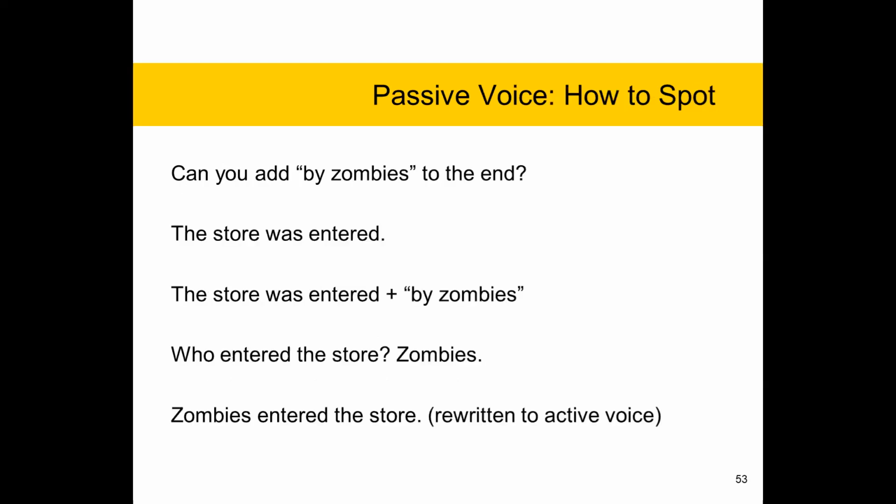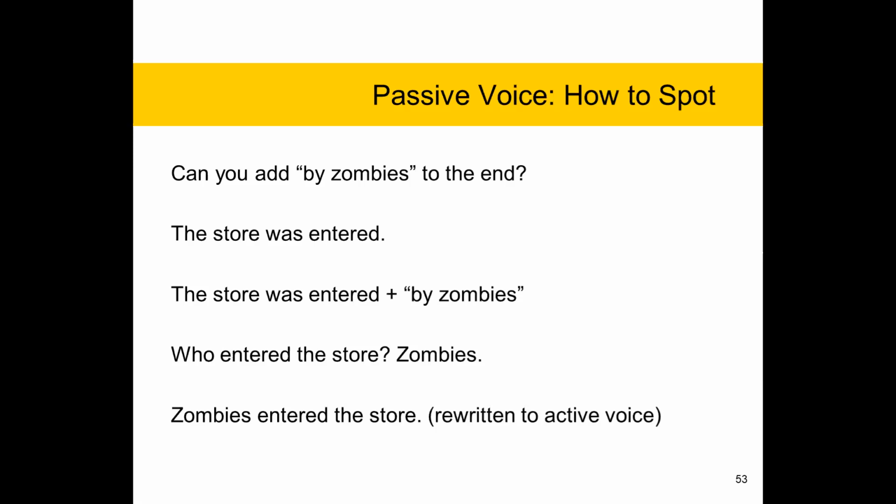So this is the sort of thing you have to look at for the examples. Another way, and this became much more popular, can you spot by zombies? For example, if you have "the store was entered," if you add "by zombies," who entered the store? Zombies. If you just say the store was entered, who did the entering? Somebody has to do something. You don't have a complete sentence if you can add "by zombies."